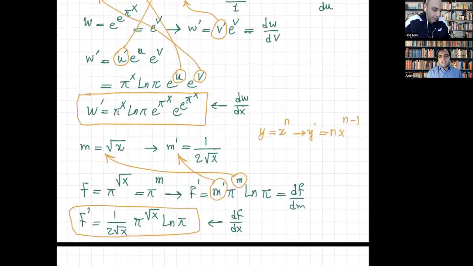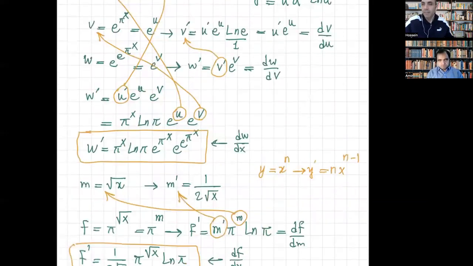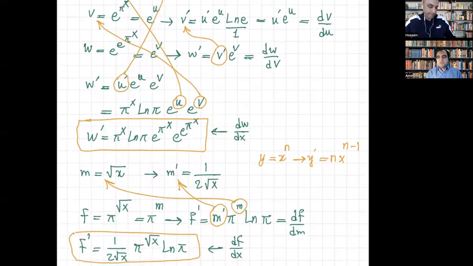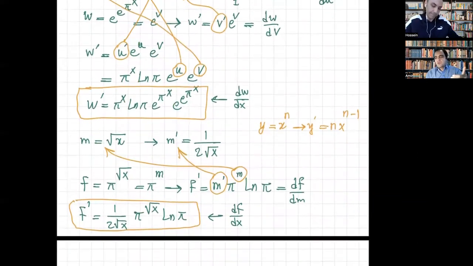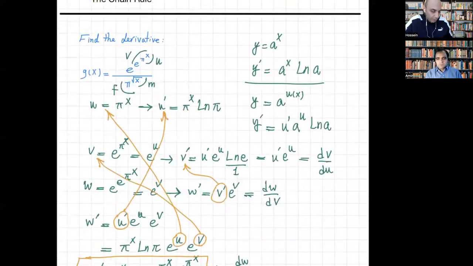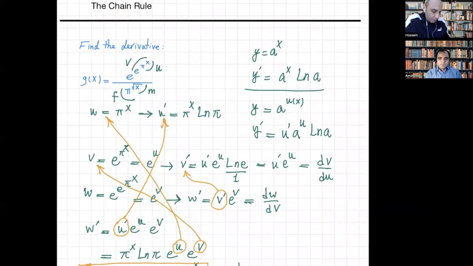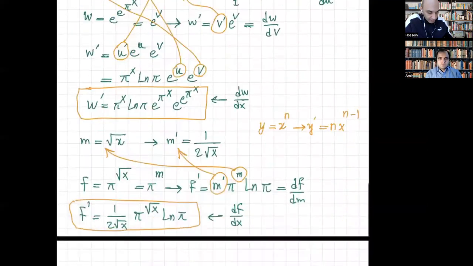Since we have both the derivatives of the numerator and denominator, then we can use the rule for the derivative of a fraction to obtain the final solution for the problem. So if I go back, the original g of x is a fraction.